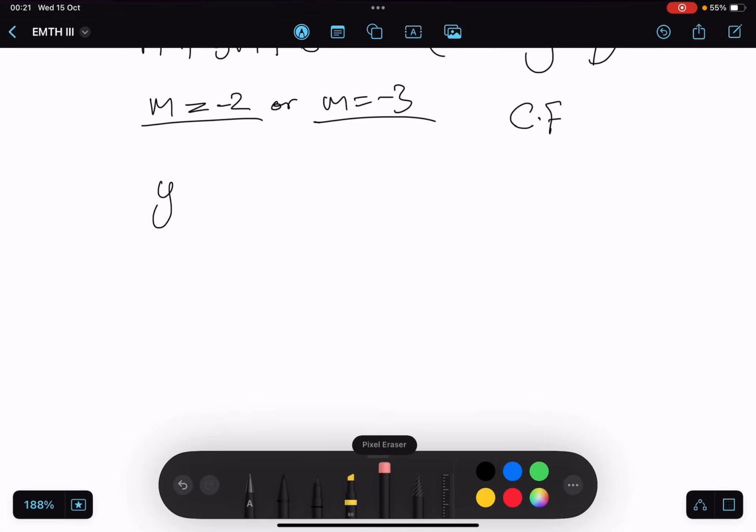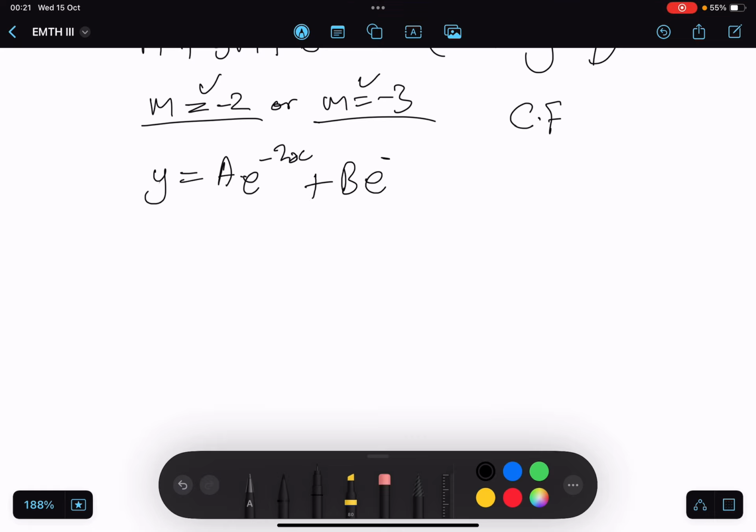Since we have two distinct values of m, our function is going to be y = a e^(-2x) + b e^(-3x), since our values of m are distinct and different. m1 is not equal to m2.